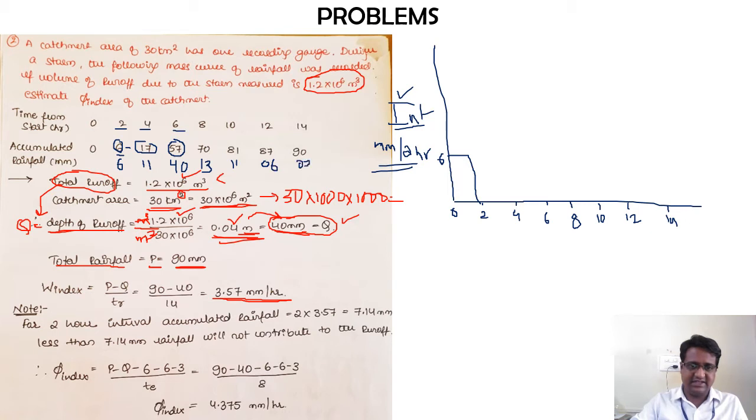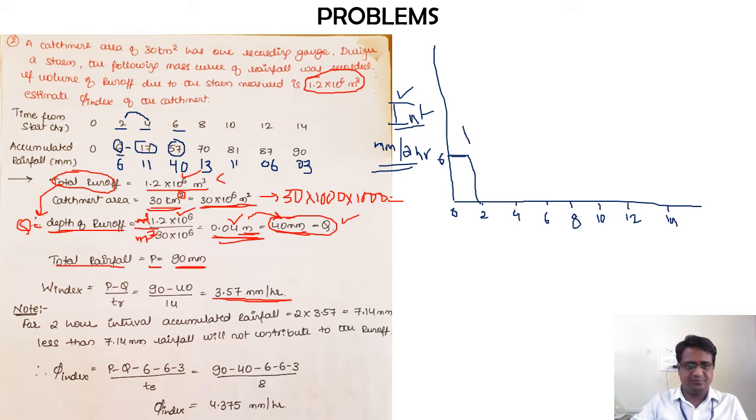What I have done here is given the intensity per 2 hours. So for 0 to 2 hours the intensity of rainfall is 6 millimeters. For 2 to 4 hours it will be 11.